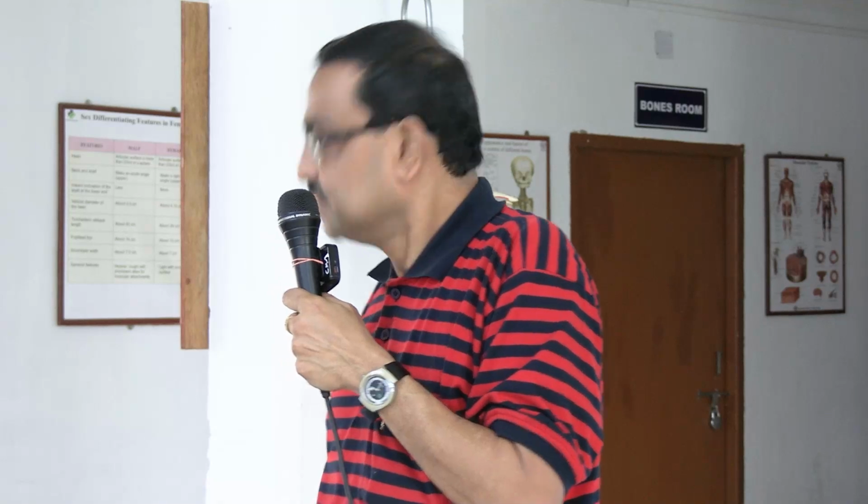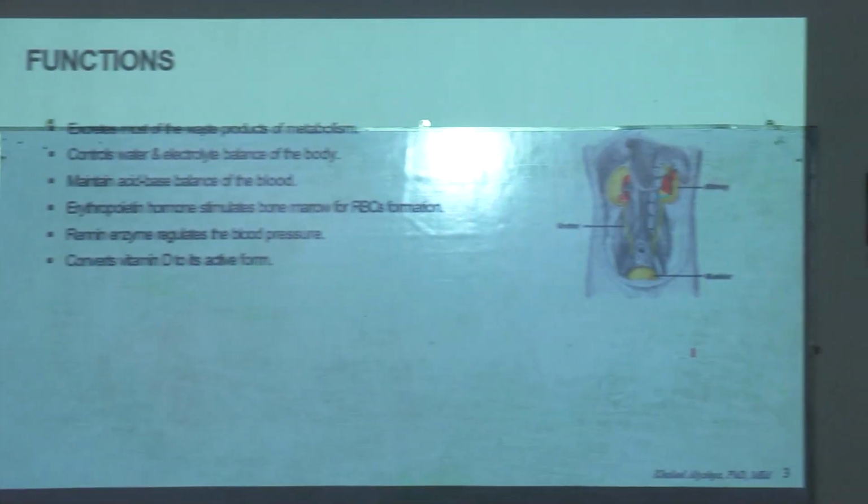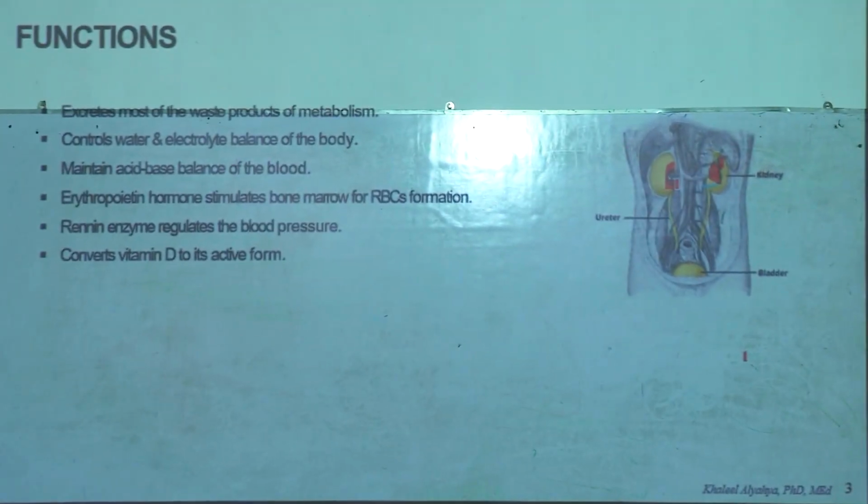We have got the hilum in the lung: the structures either entering, there is the bronchus and the pulmonary artery, they are entering, and the pulmonary vein, they are coming out. In case of lung, there is a hilum. So in case of kidney, this area is called the hilum of the kidney.